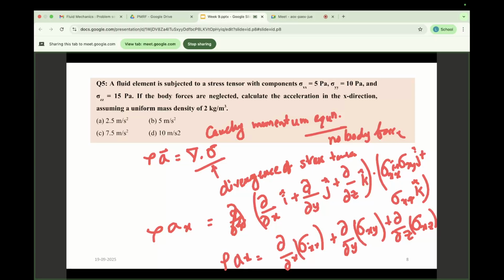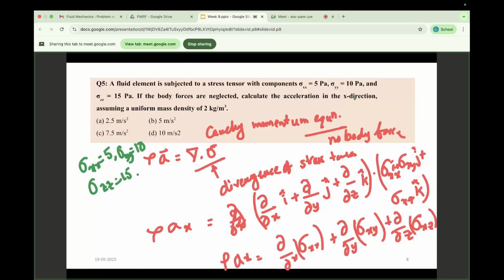Okay, in this question, what has been given? You understand this fundamental; up to here I hope it is clear. Now, in this question, what is given? Sigma xx is given, sigma yy is given as 10 and sigma zz is given as 15, right?